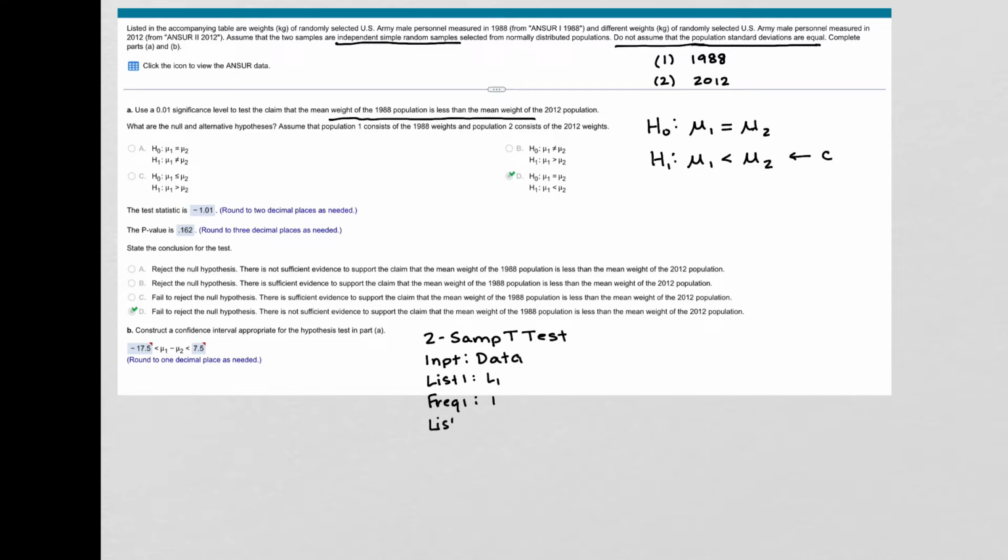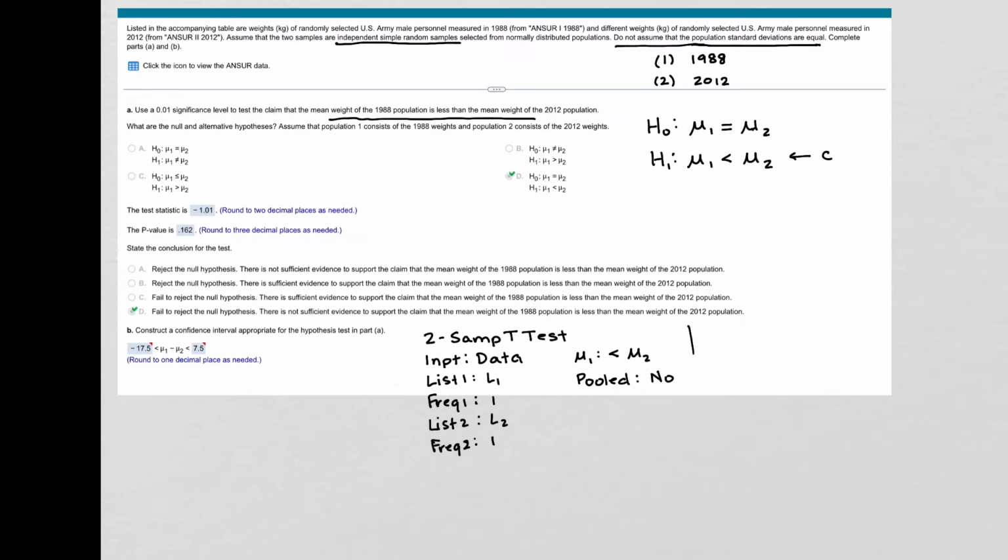And list 2 is going to be L2, and my frequency is 1. And my alternative hypothesis is that mu1 is less than mu2, so we're going to select that. And then it asks me, is my data pooled? We're going to say no. And then you can calculate or draw.